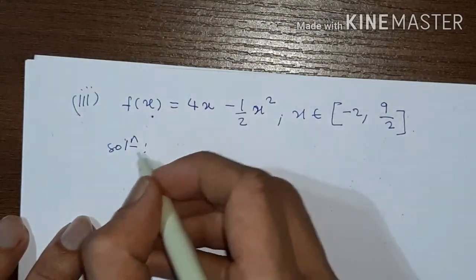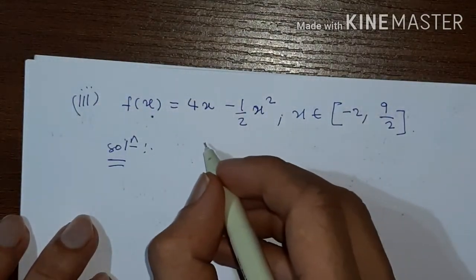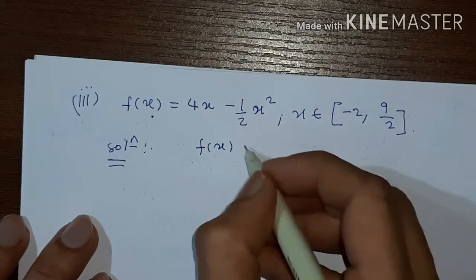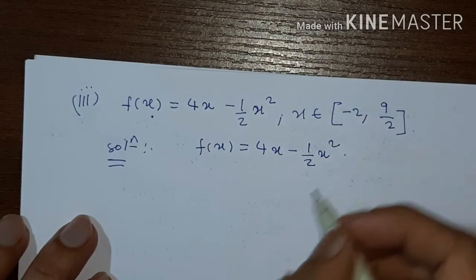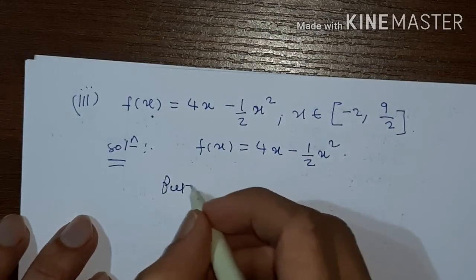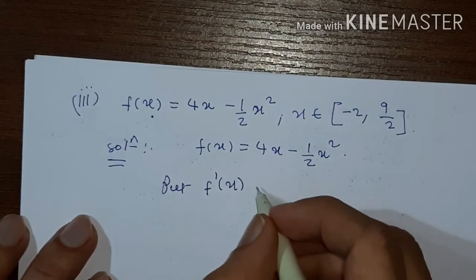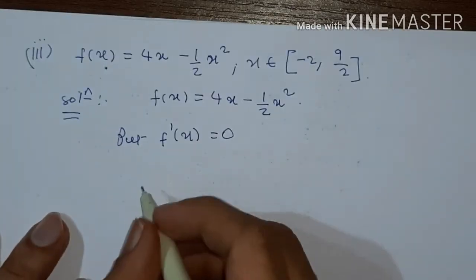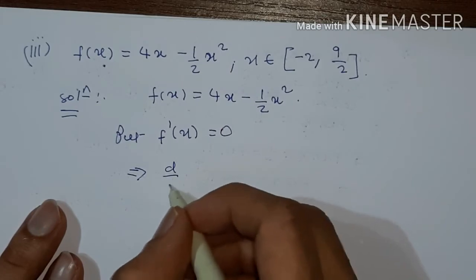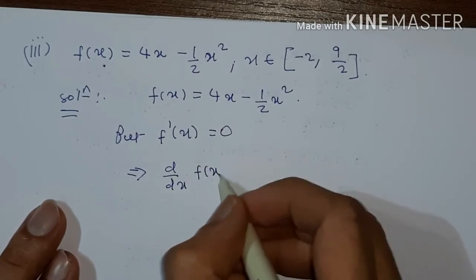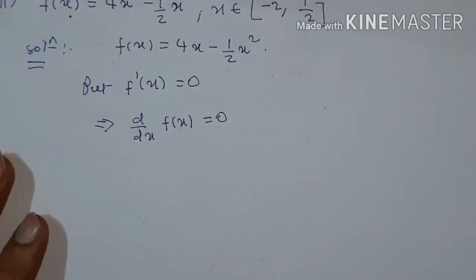The solution: you are given f of x equal to 4x minus half x square. Now put f prime of x equal to 0. That is the first step. Now f prime of x means the derivative of f of x equal to 0.